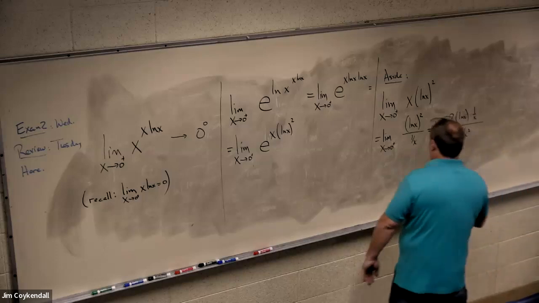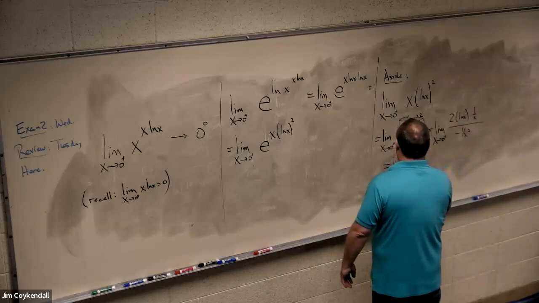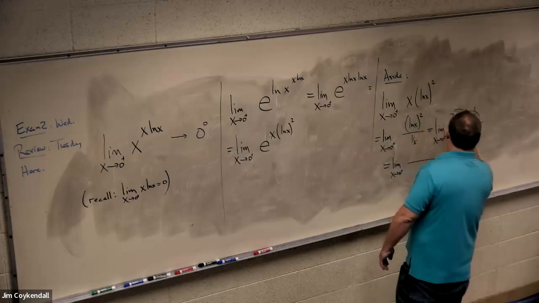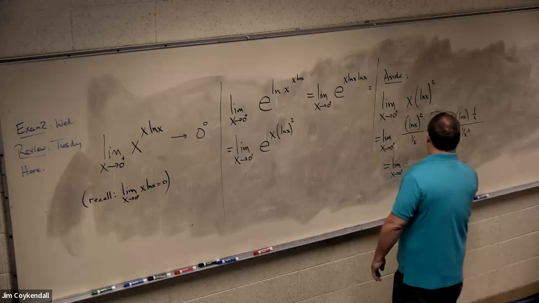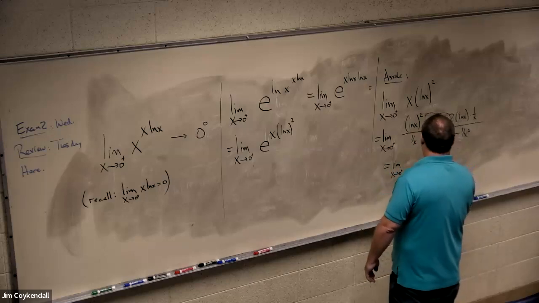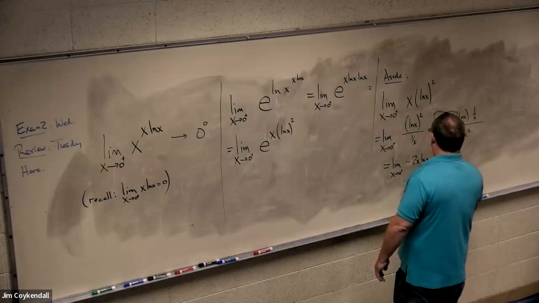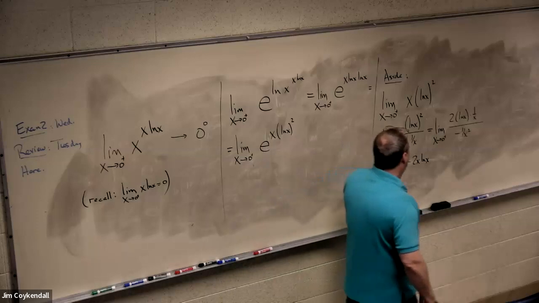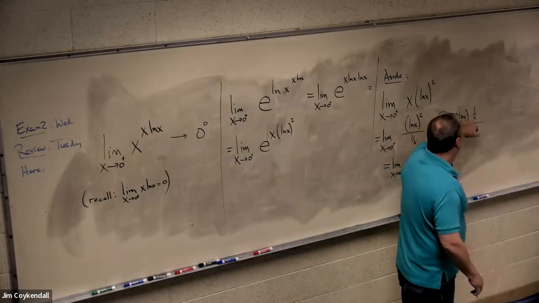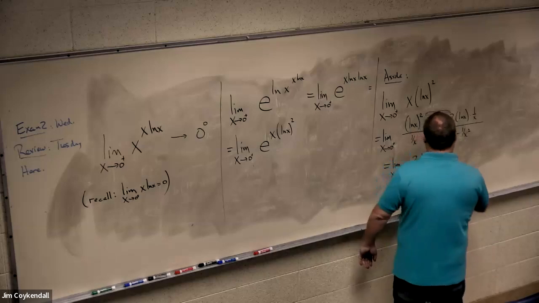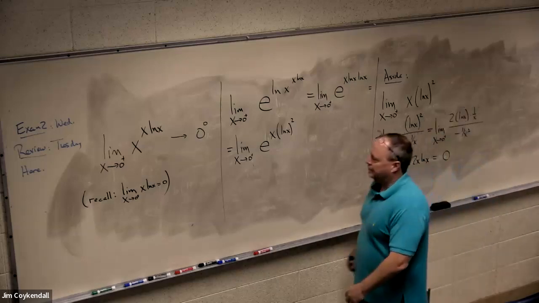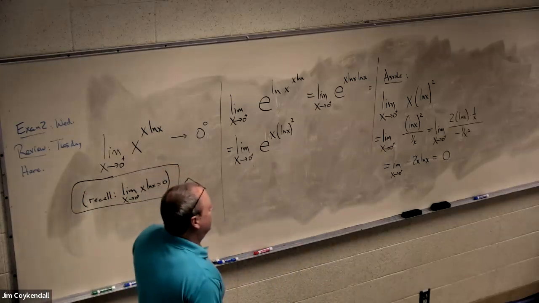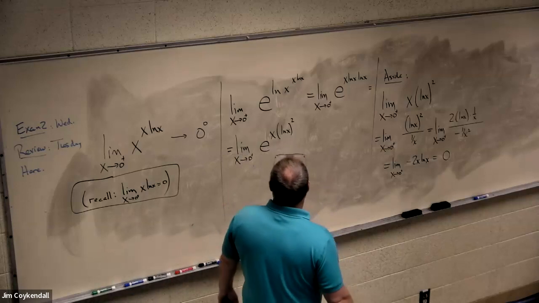What a mess. This is the limit as x goes to 0 from the positive side. Let's multiply top and bottom by minus x squared. So we get minus x, and this is 0, because we already have that. So that limit is 2 times 0, which is 0.